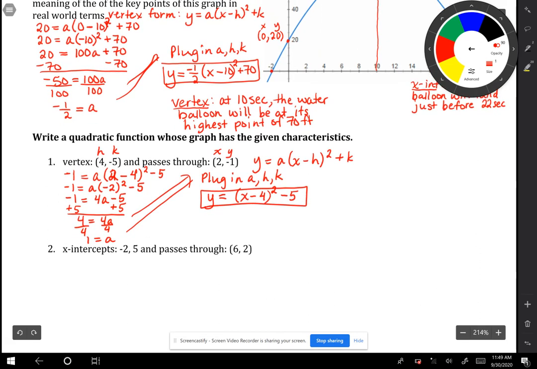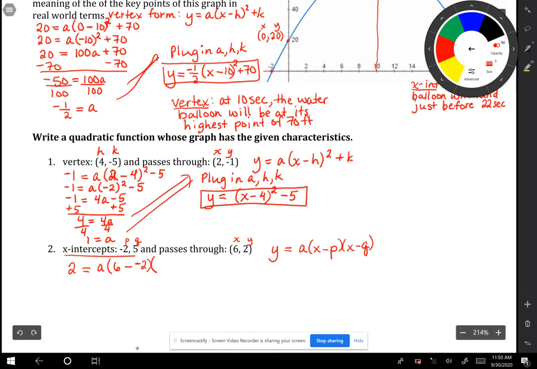And the last one. This one you're going to use the intercept form because the key words being x-intercepts. So those are P and Q. So this is P, this is Q, or vice versa. This is XY. So here's our equation. Y equals A times X minus P times X minus Q. Replace Y with a positive 2 equals A with nothing, X with 6 minus the P with a -2.